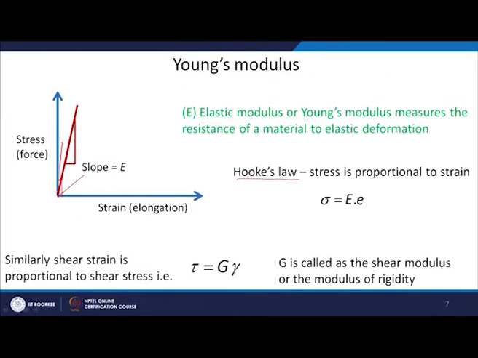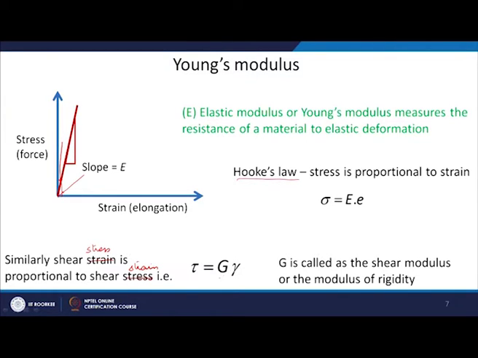In the case of shear strain you can do the same thing. Similarly, shear stress is proportional to shear strain. So, I will just do a small correction here, so that tau is equal to G gamma, okay.